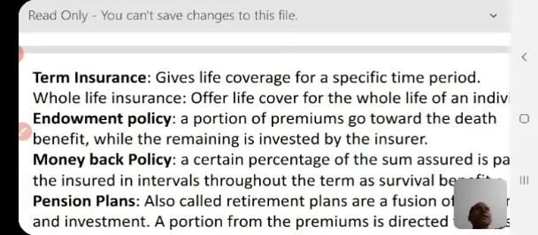Endowment policy. The premiums which are paid by the policyholders are portioned into two parts. One is for the death benefit, the other is for the investment purpose.